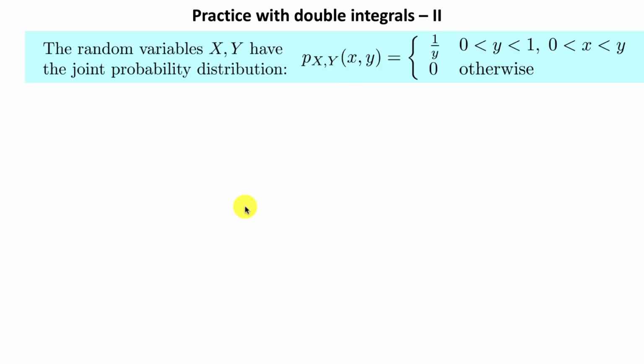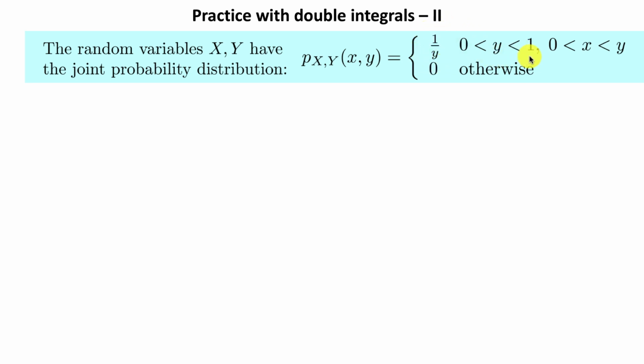Let's take a second example. Here again we have two random variables x and y, but they have a different joint probability distribution, which looks a little strange. Here we have the joint probability distribution equal to 1 over y if y is between 0 and 1. Now note that there's no x over here.